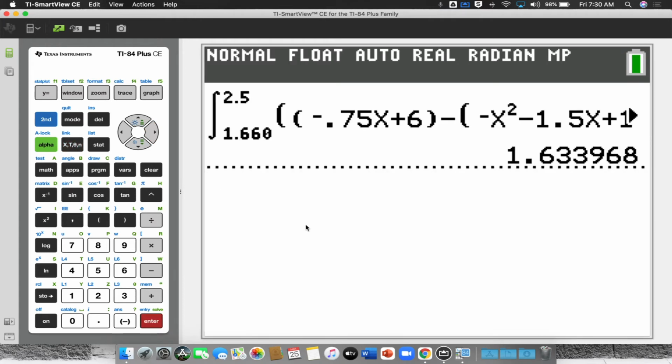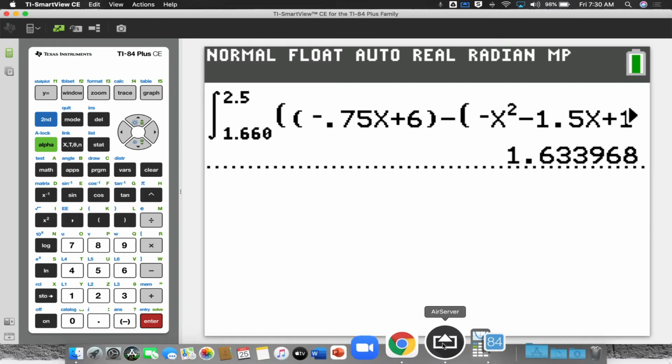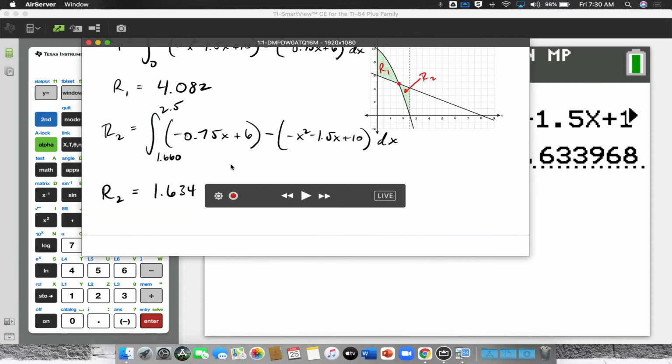Okay. R2 is 1.634. Okay, that's the area of R2. Okay.